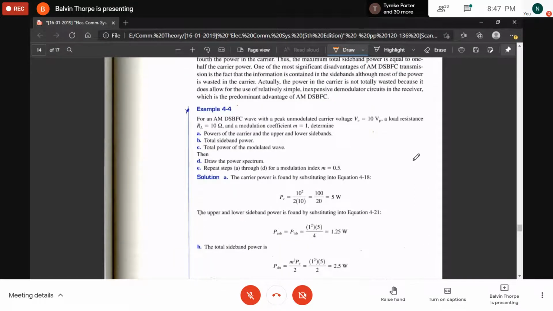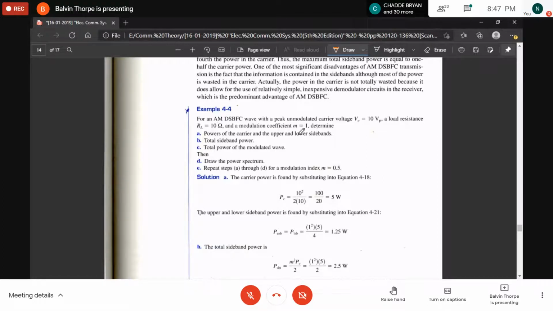So all right, pretty much the question is asking us to utilize the information that we have garnered so far in order to solve this question. So we know what a DSBFC is. It's a double sideband full carrier AM wave, and it has a carrier voltage of 10 volts.